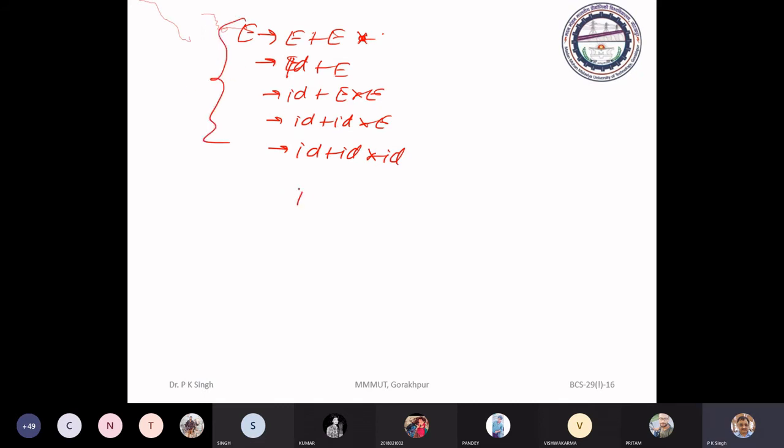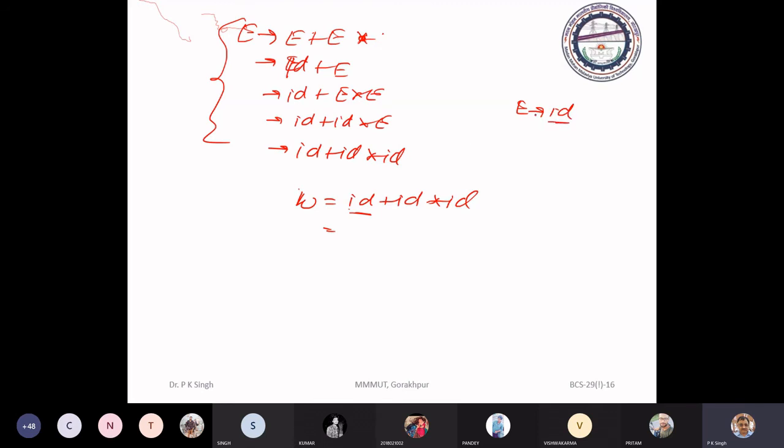Now see bottom up. We start from the string ID plus ID into ID. This is the string, the stream of tokens. Now we find the match of the right side of the production. So we scan the string from left to right. So we will get here, we have this production E to ID in the grammar.